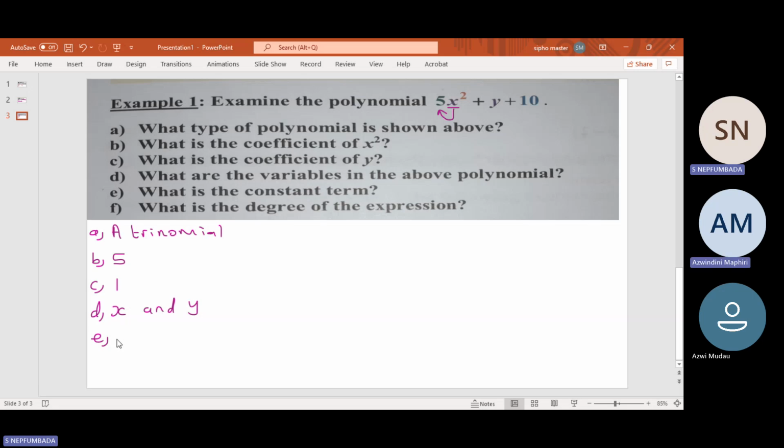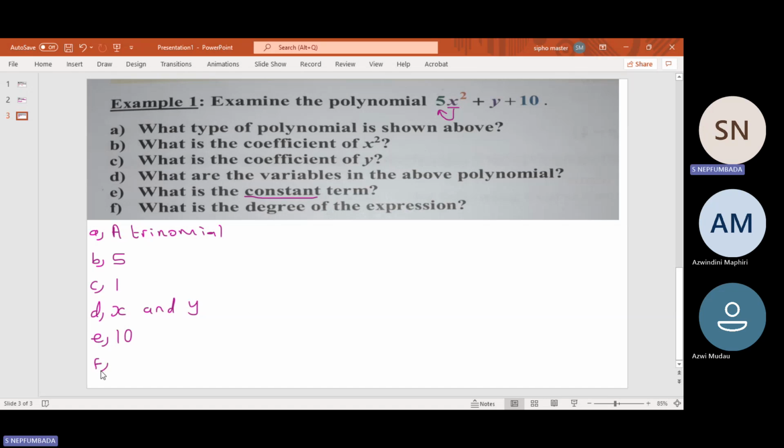A constant term is a term that does not have a variable. In other words, the number without the alphabet is the constant term. It's 10.